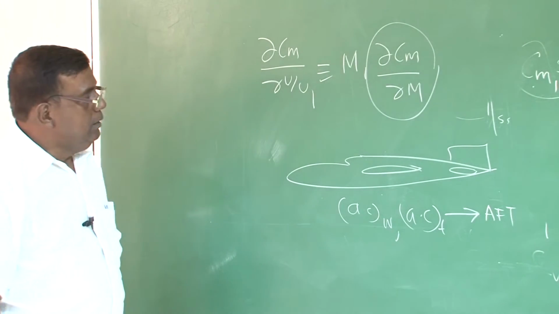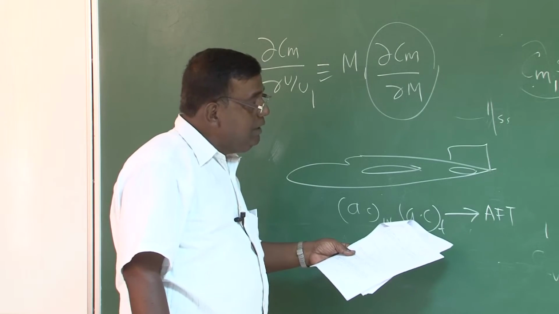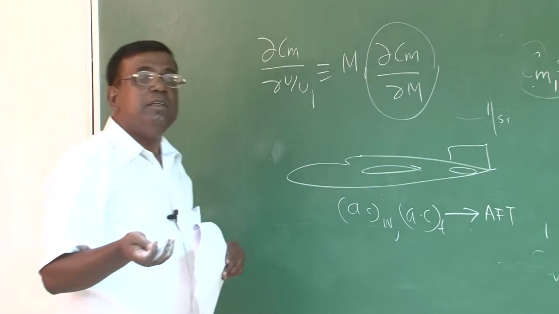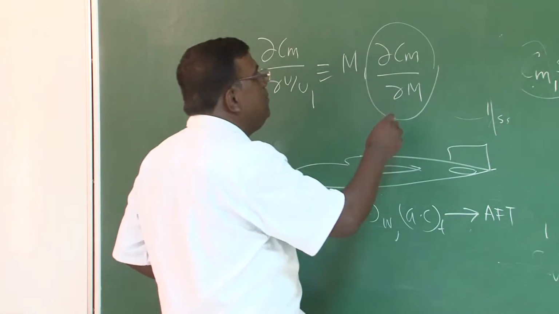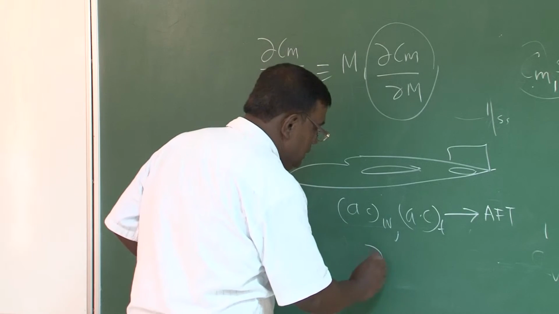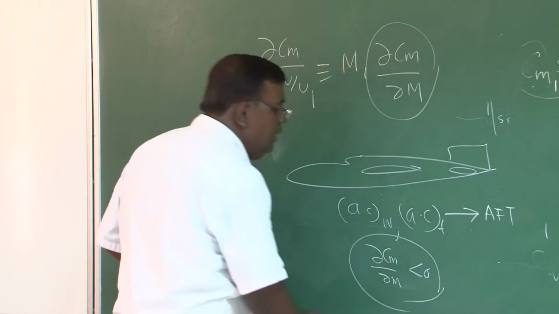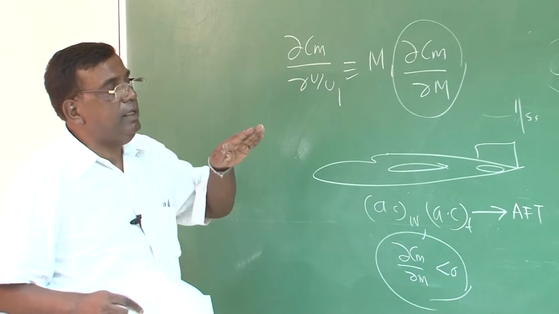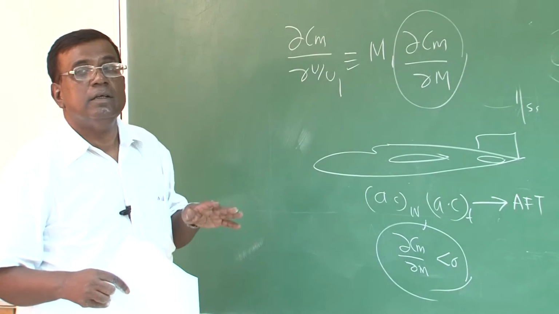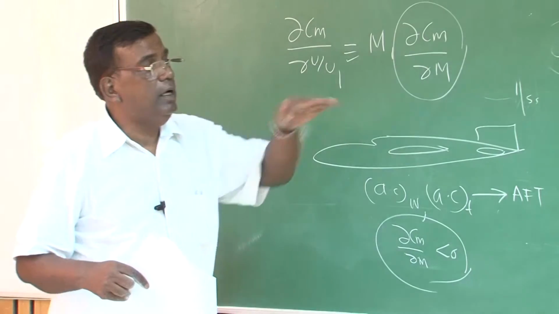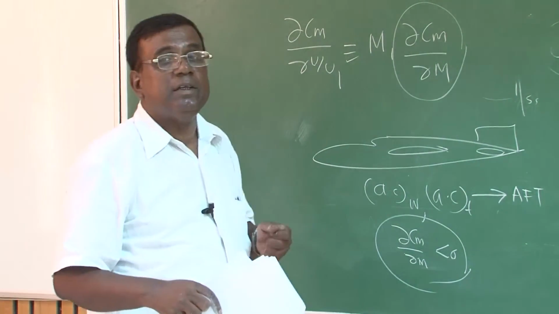If you try to see the effect of the aerodynamic center of the tail moving aft, that means the tail moment arm is increasing, so there will be a pitch down moment. So dCm by dM will become negative. In a sense, it will give a pitch down moment. As I accelerate, it goes nose down, and that phenomenon is known as tuck under, unless the pilot was aware of this and puts in appropriate elevator correction.